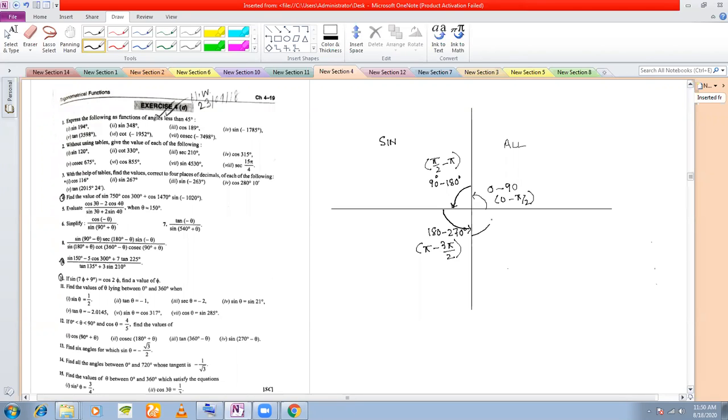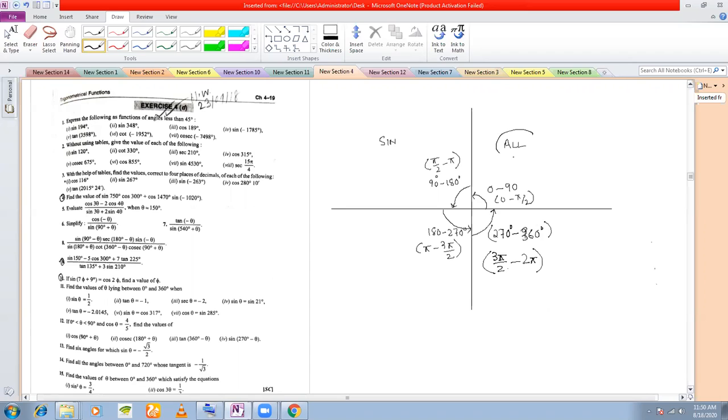And from here to here, you have from 3 pi by 2, or let's say in degrees, 270 to 360 degrees, which is also written as 3 pi by 2 to 2 pi. Okay. And the rotation is taken anti-clockwise.